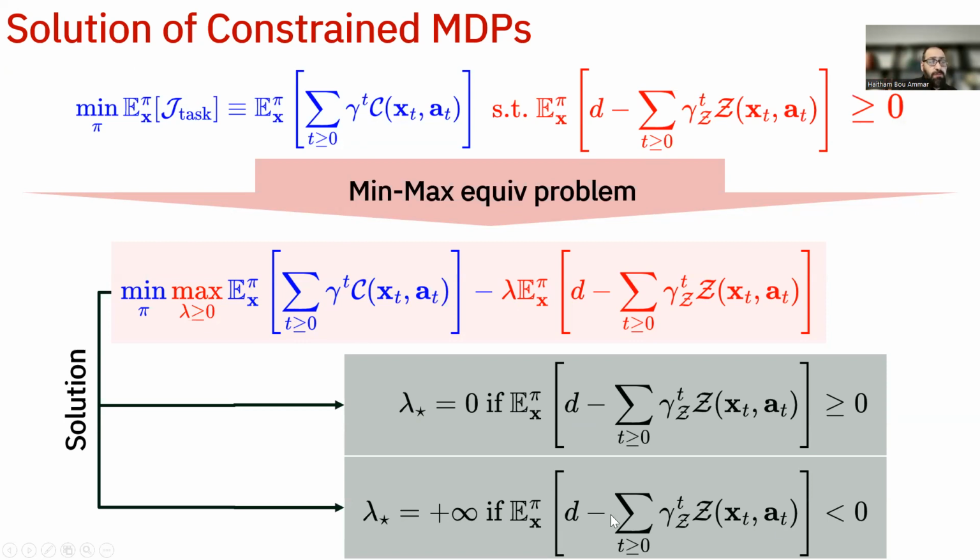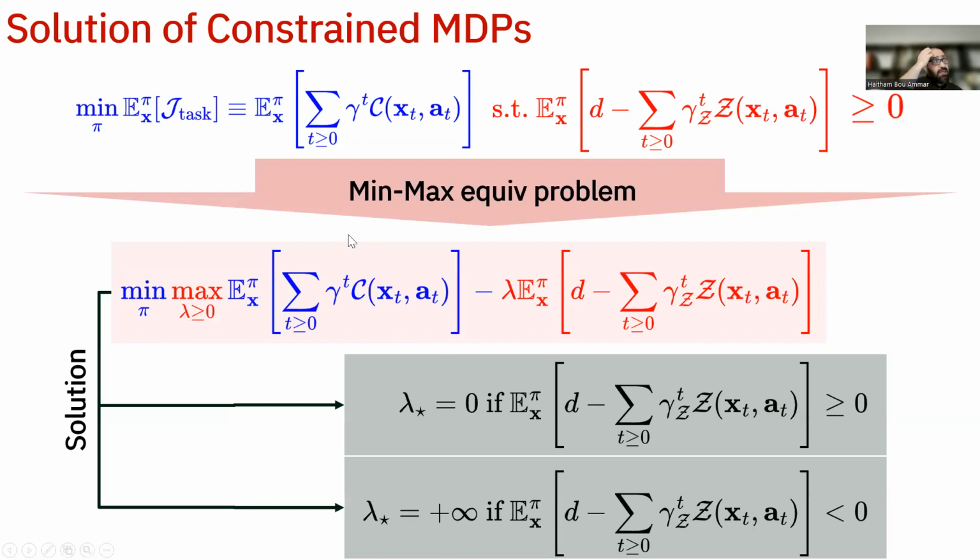But if we are out of budget, we are penalized a lot here and just focus more on meeting those constraints. So an optimal solution for lambda here would be: if you have some budget left, focus on the cost, and if not, just make sure you don't make mistakes.